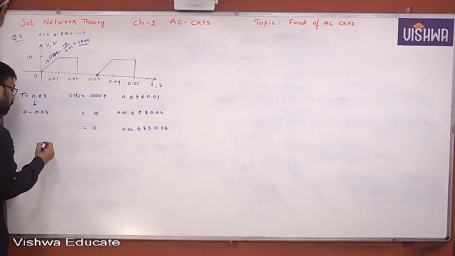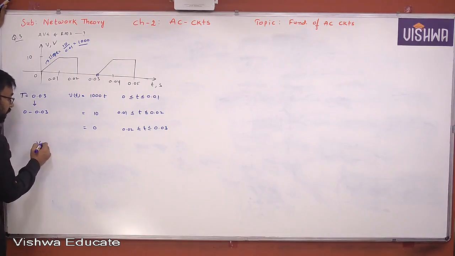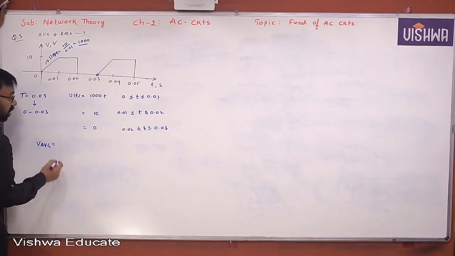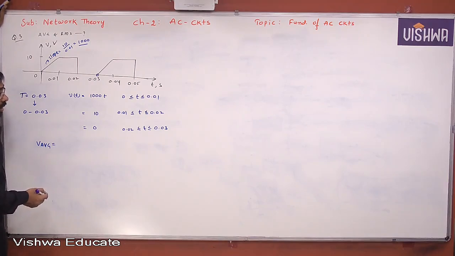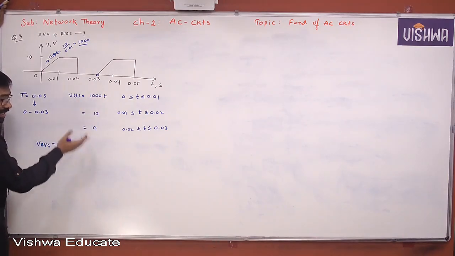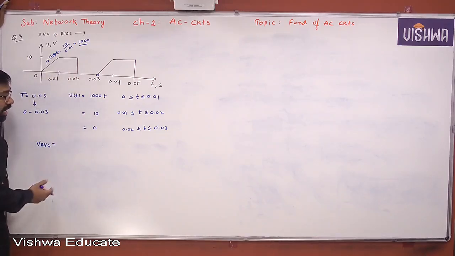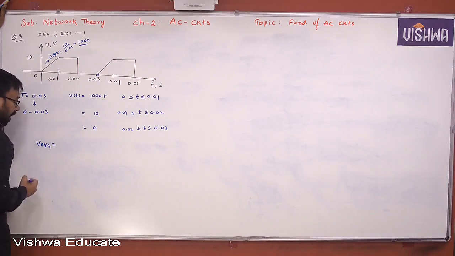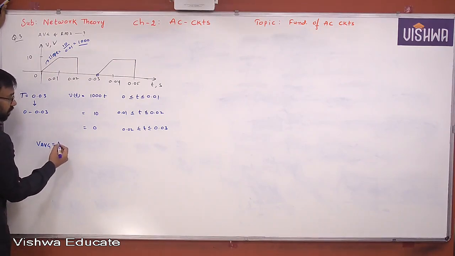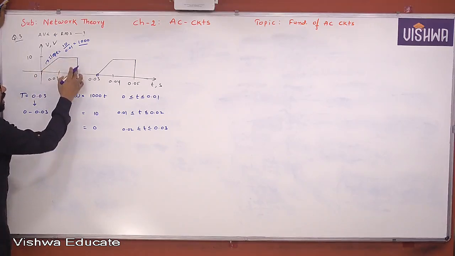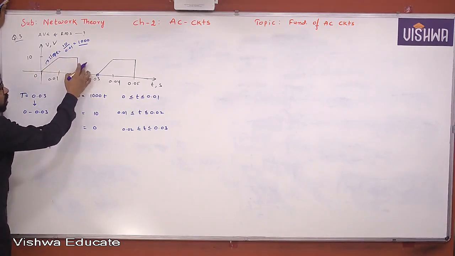Now let's find the V average. What is V average? You can go for integration or you can go for area calculation. Since we already experienced the integration calculation, let us directly attack the problem with simple area calculation. V average is the area under the waveform over one complete cycle. Now this is the area, and the area is 0 here.